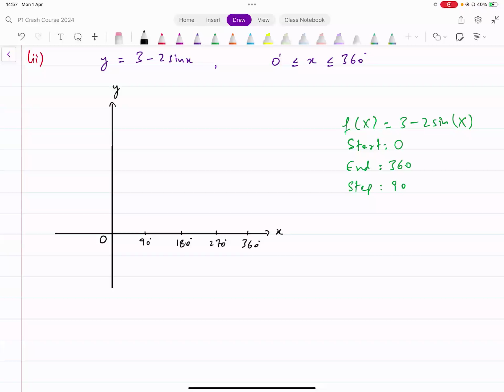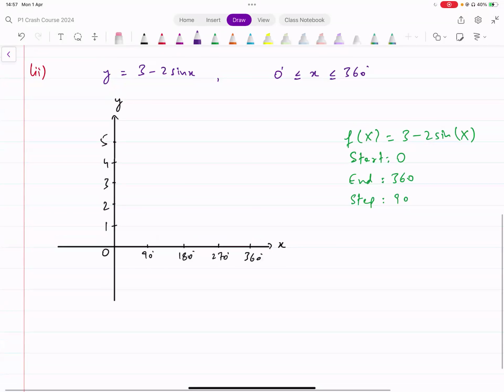Let me label this now. 1, 2, 3, 4, 5. Now, once you have made the table in your calculator, you will have values for y when x equals 0, 90, 180, 270, 360. Right? You have got all of those values. Just plot them.